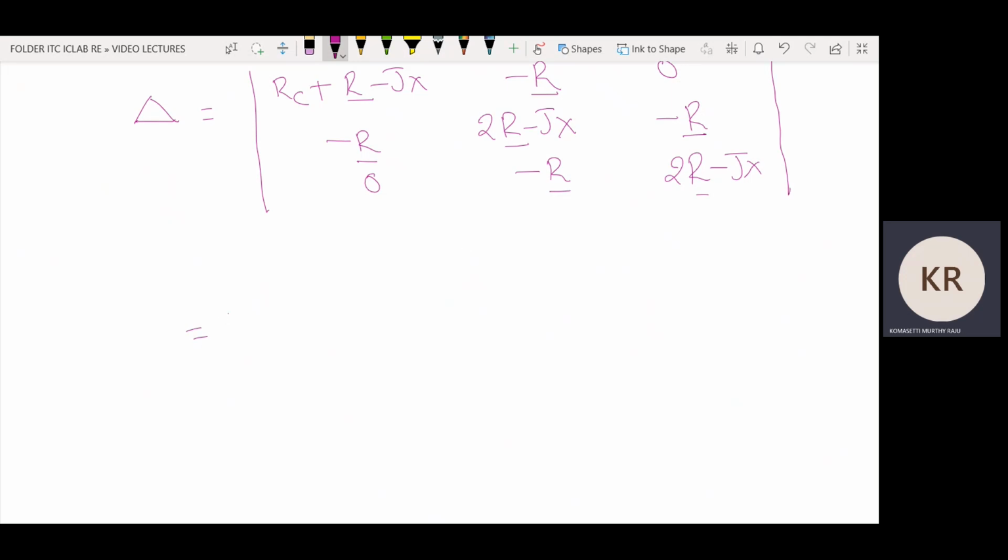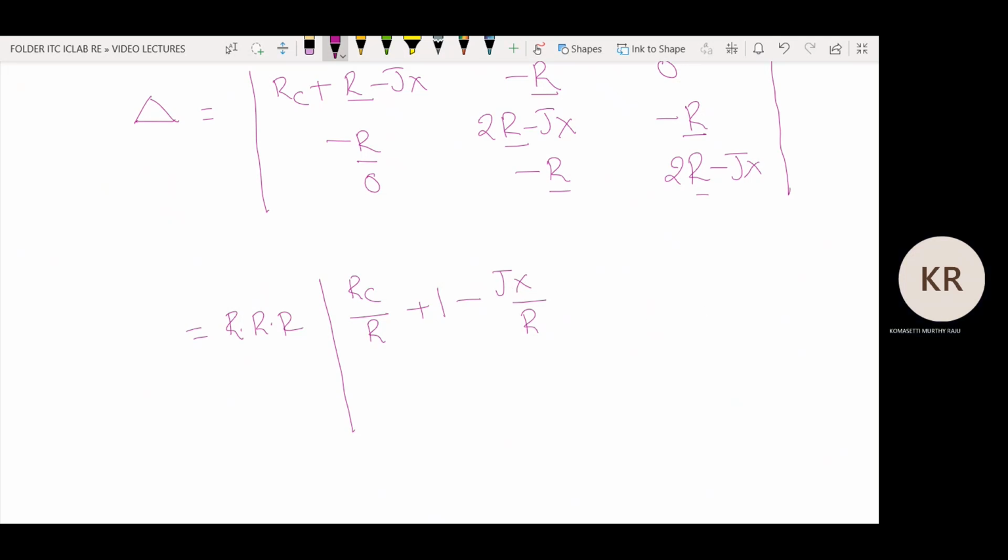Take these three R's common. After that, RC by R plus 1, minus jX by R. In this RC and jX term, R is not there, that is the reason for RC by R. Whenever R is multiplied with this expression, RC by R into R is RC. In the first row, R is common, so minus 1, then 0.